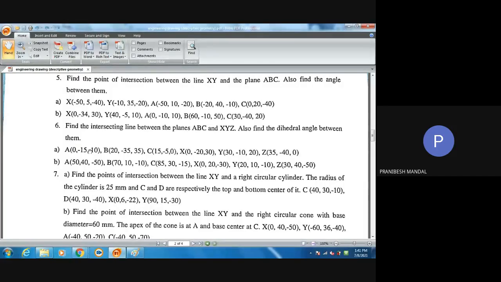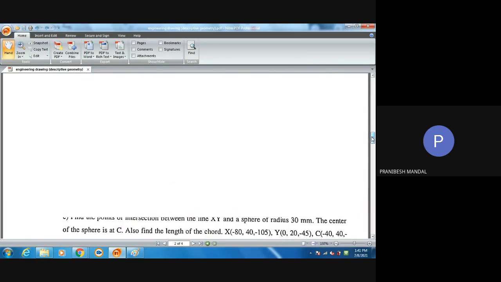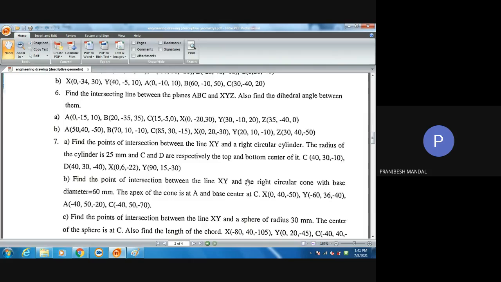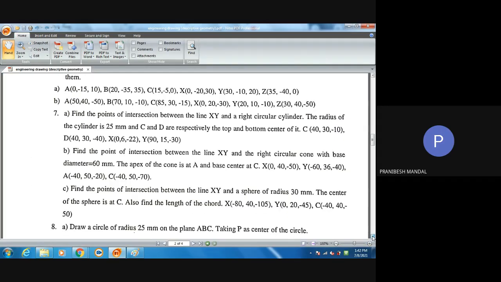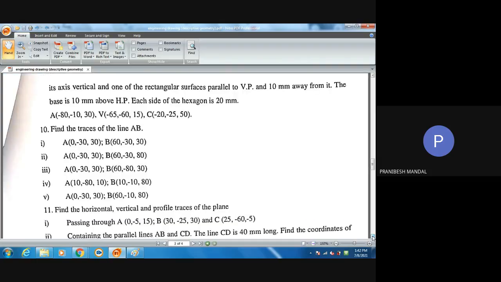Any other query from problem number 7? Those are cylinders or cones or spheres or all these things. Okay. And obviously there will be another thing called trace, but that will be in the problem set 3.